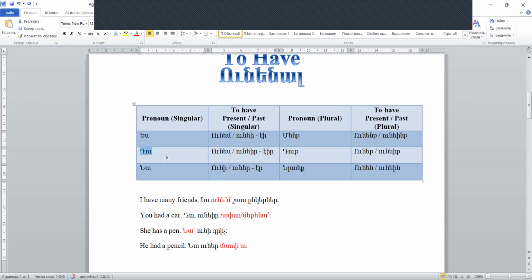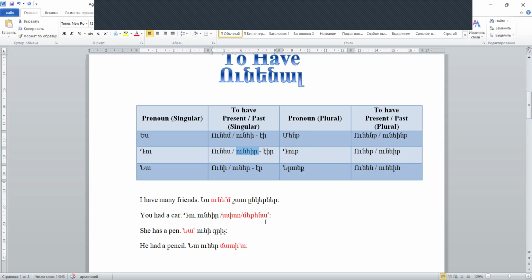You will be tu. Had, the past version of have, is uneir. And car will be avtomek makina. The literal version of it is avtomek makina, but in everyday speech we just use avto.